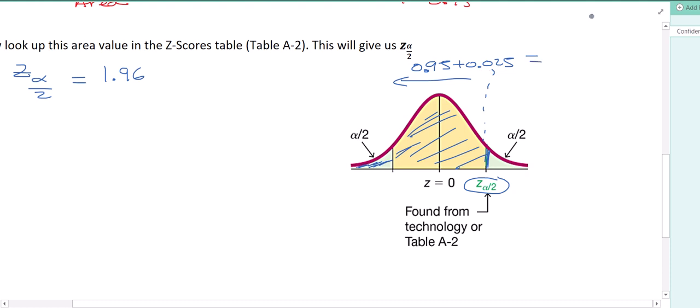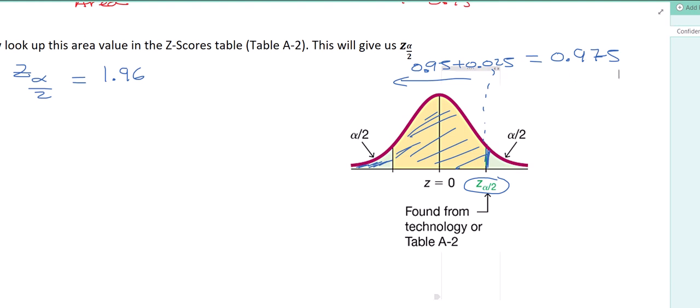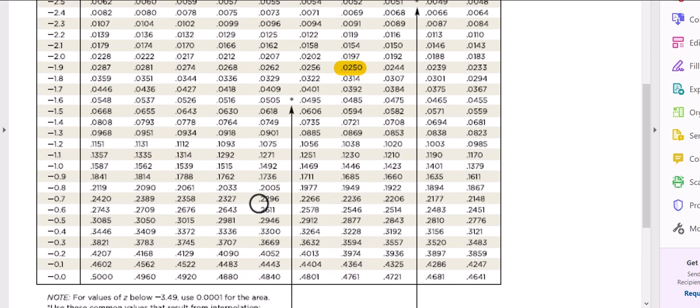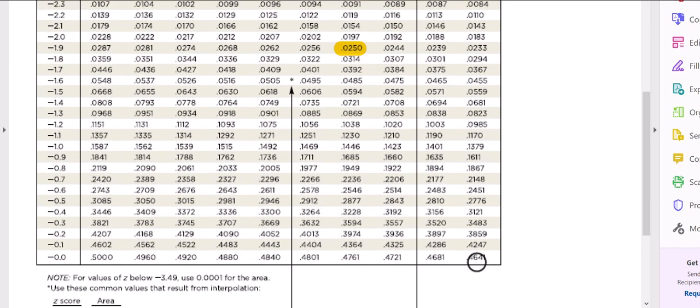So then the area to the left is going to be 0.975. And so when I go to my table, I can see that the negative z-scores end at 0.5.